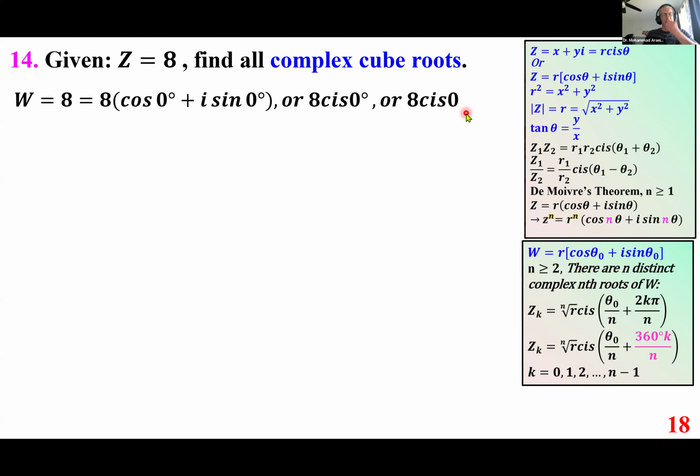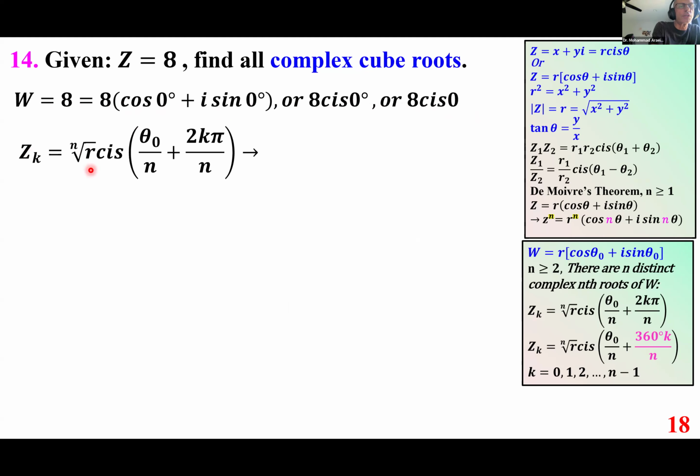So having said that, we're going to continue with these thoughts, and we're going to say z sub k is the nth root of r cis theta sub 0 over n plus 2k pi over n, and we are going to replace the r with 8. Okay, n, we want the cube root, the third root. So theta sub 0, we replace it with 0.